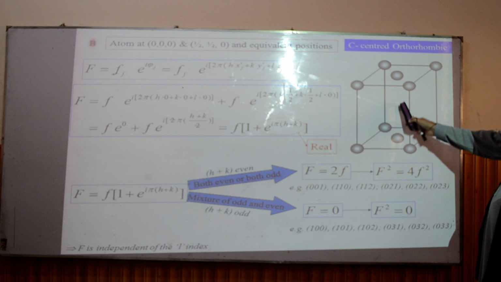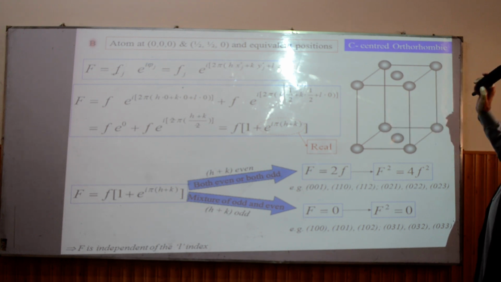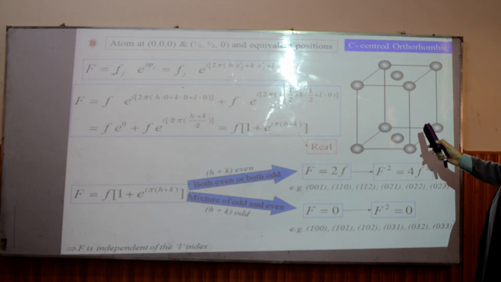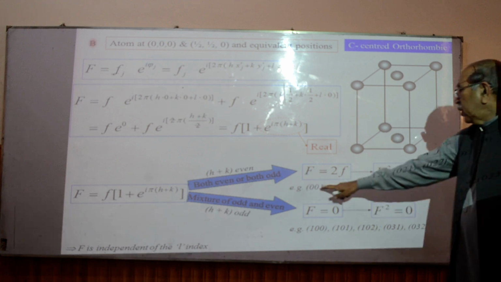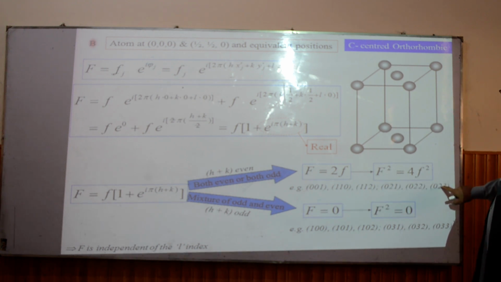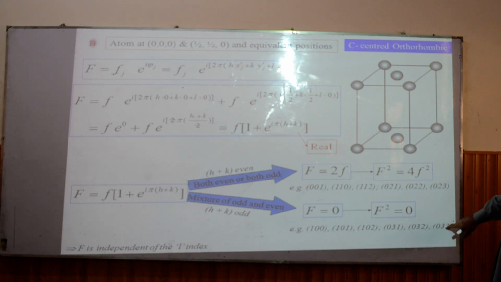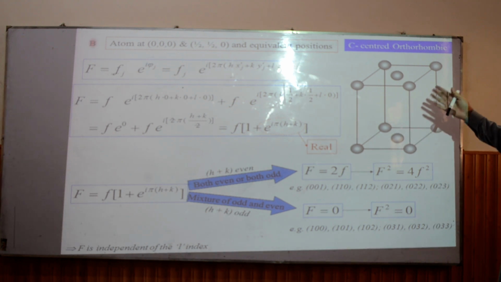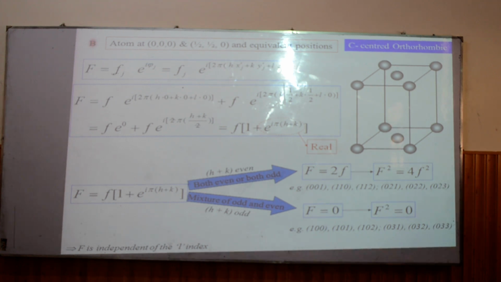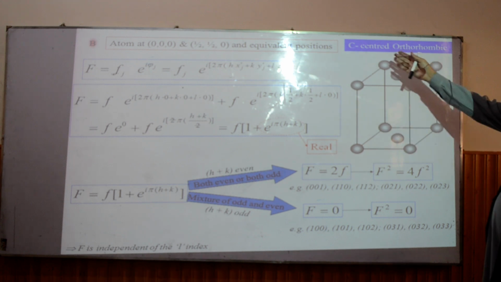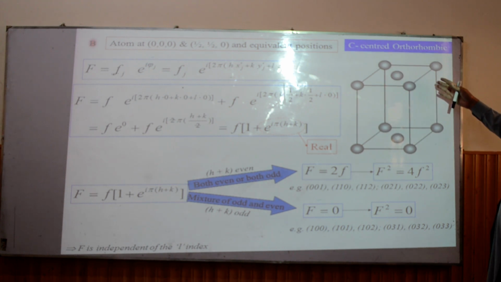So if you take a material with this structure and throw X-rays on it, these planes will show the diffraction pattern, and these planes will not, because of the geometry of this particular structure, which we call base-centered or C-centered orthorhombic.